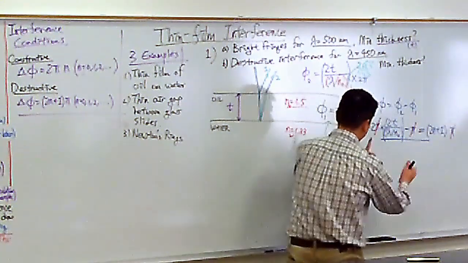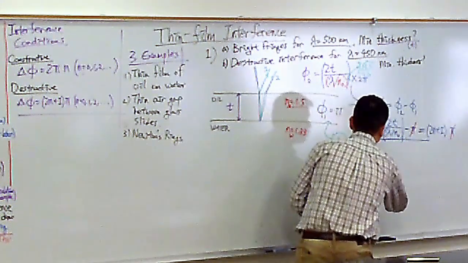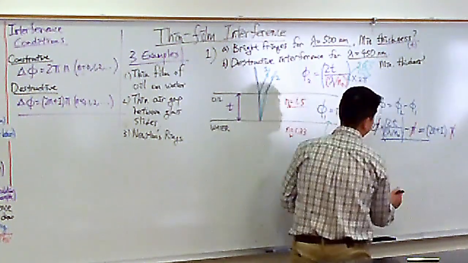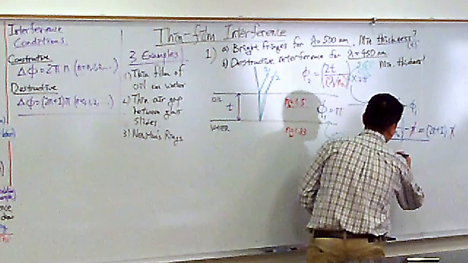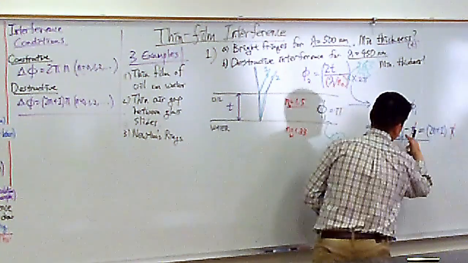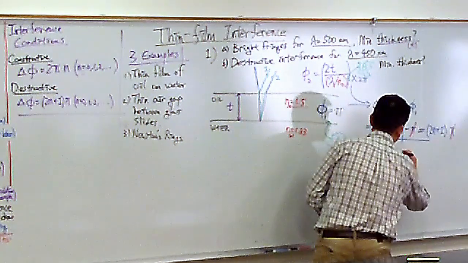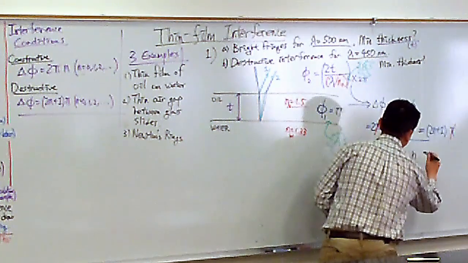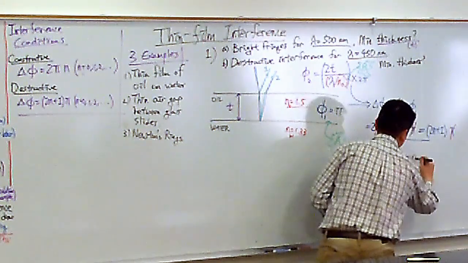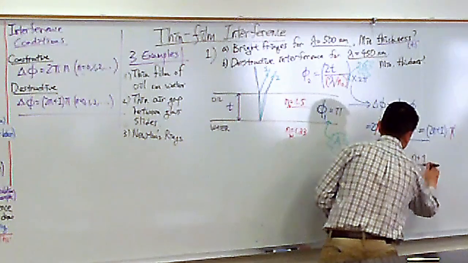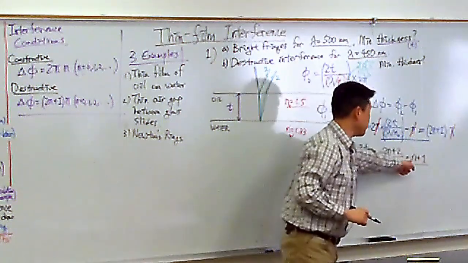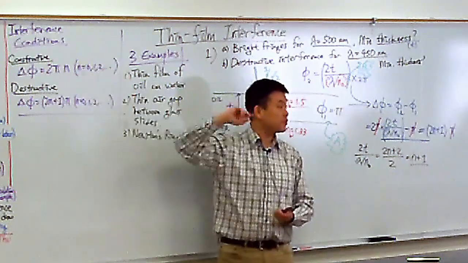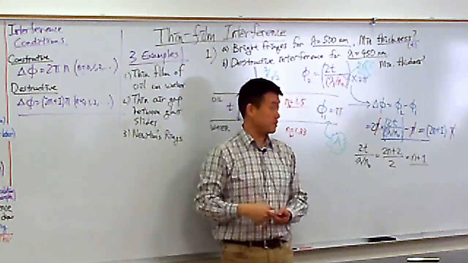So what I will have is 2t over lambda and O is equal to 2n plus 1 plus 1 plus 2 divided by 2, or n plus 1. And your limitation on n is that it has to be an integer. Sorry, I started at 0, 1, 2, but it's 0, plus minus 1, plus minus 2 and so on.